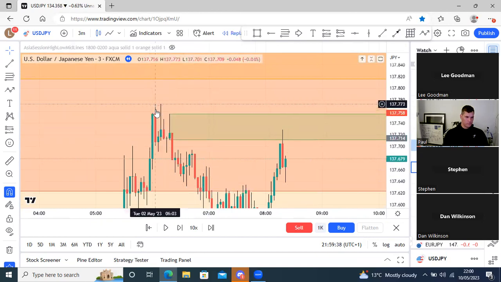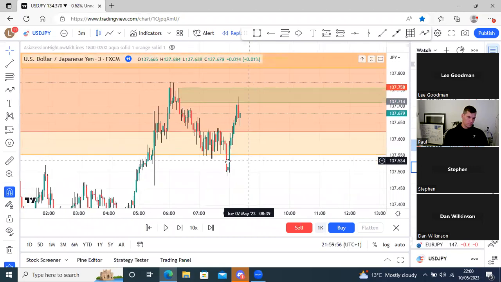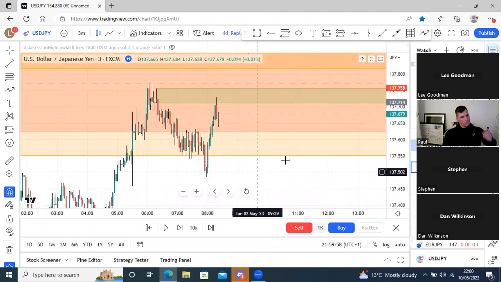Sometimes you get it right at the very top here. Obviously, it's not here, or it's just wicks, so you can't really see what's going on with this one. But I didn't believe price would come back to here anyway. A lot of it is just from seeing the same thing over and over again.